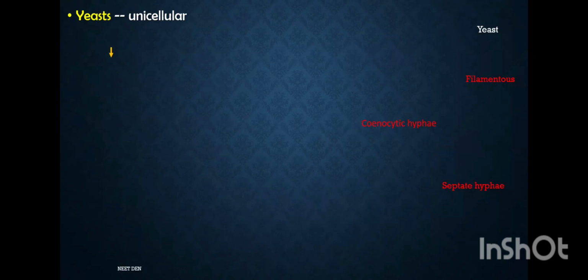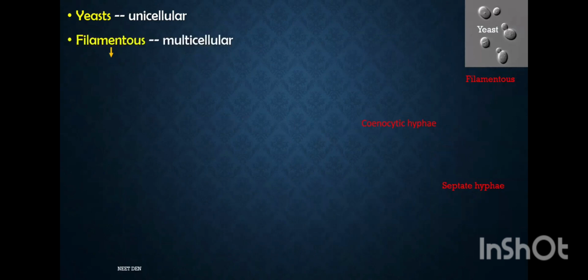So fungi can be unicellular, as in the case of yeast. You must have heard the word Candida. Candida is one fungus which shows these yeast forms also, which are unicellular. When they are multicellular, and mostly they are multicellular, they are filamentous.